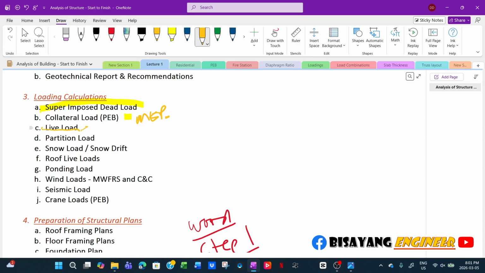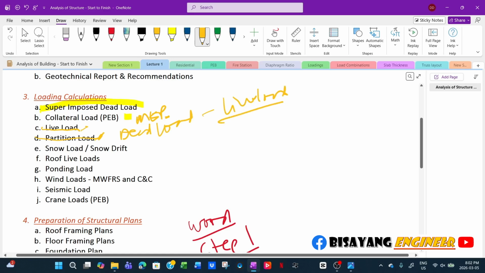Now, this is whatever is specified in the code depending on the occupancy. And then we already discussed this partition load. Make sure that you know the definition based on your local jurisdiction, if this is considered a dead load. We already discussed this in the previous video. Like I said, in the Canadian code this is considered dead load, but in the US code, this is live load.